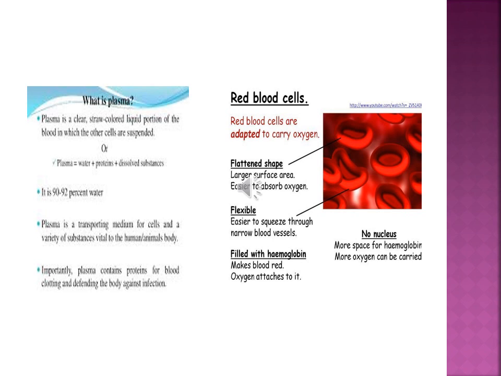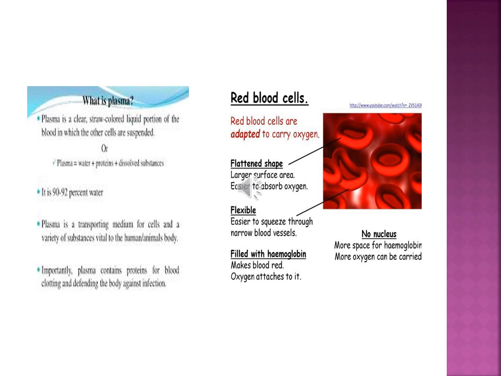Now second, you can see red blood cells. Red blood cells or erythrocytes are red in color, you can see in the picture, due to the presence of a red pigment called hemoglobin. In short form, many times you have heard Hb.